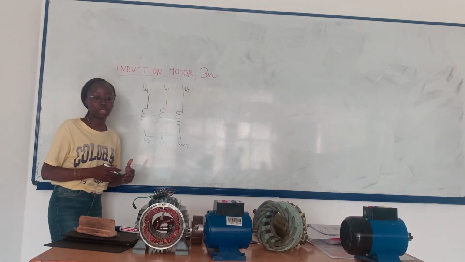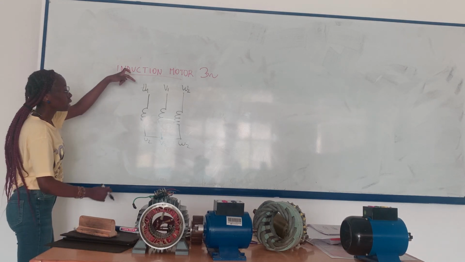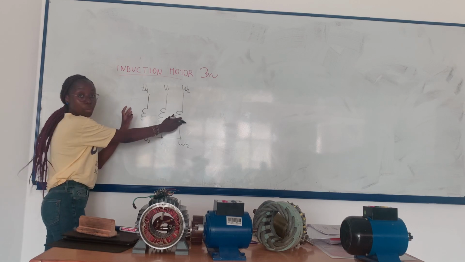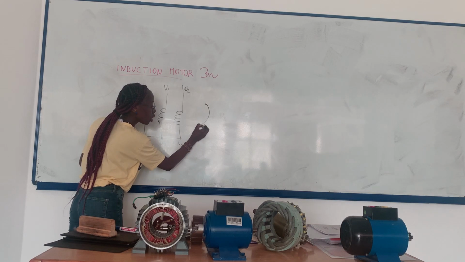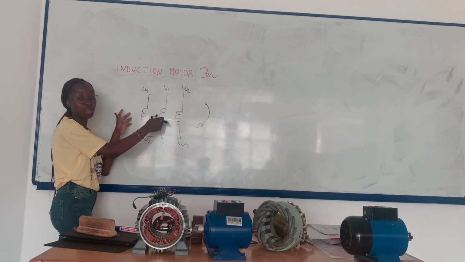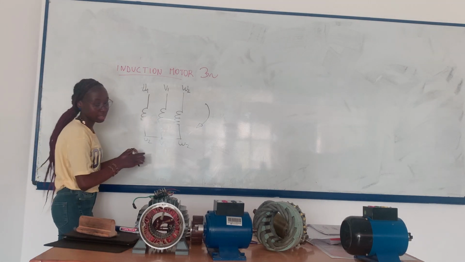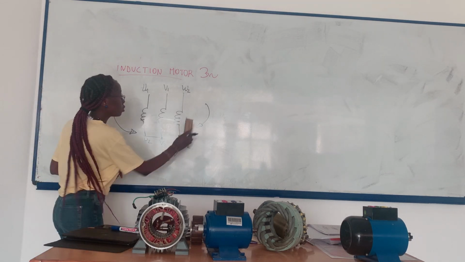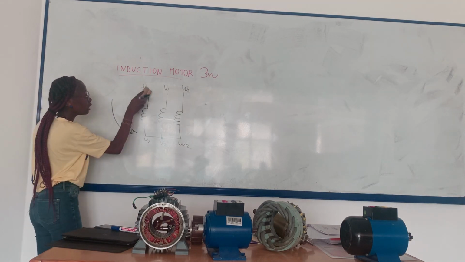So now we're going to talk about the direction of the rotation. We know that when we connect U1, V1, W2 to our bobine in input, we have, for example, this sense of the rotation inside the bobine, because this one is representing the bobine inside our motor. So if we want a different sense, like we want the motor to turn in this direction, what we need to do is change the input of the voltages.